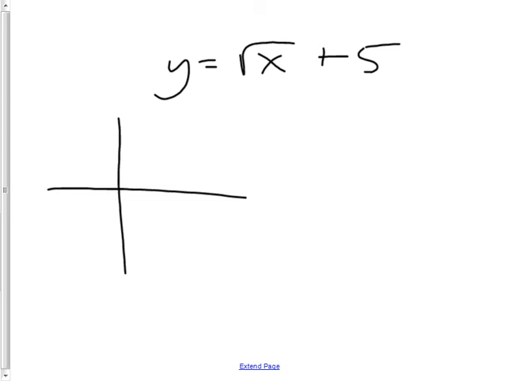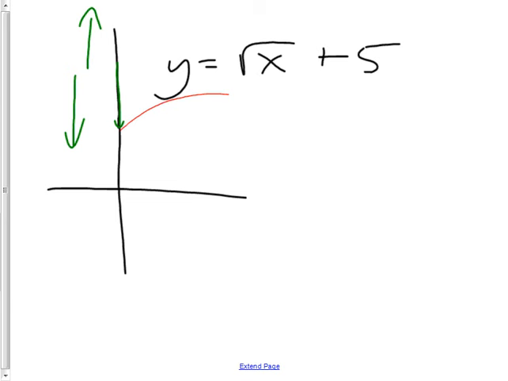Okay, so you should have been thinking square root of x looks like this. Then you move it where? Plus 5, which means what? Up 5, yes. There. Now, the range is from how low to how high, and it's a y thing. So I'm going to run right on the y-axis here and say, how low does it go?